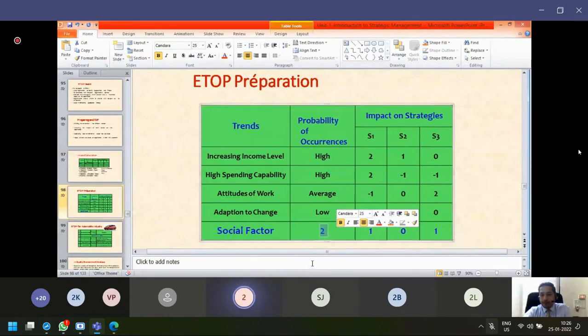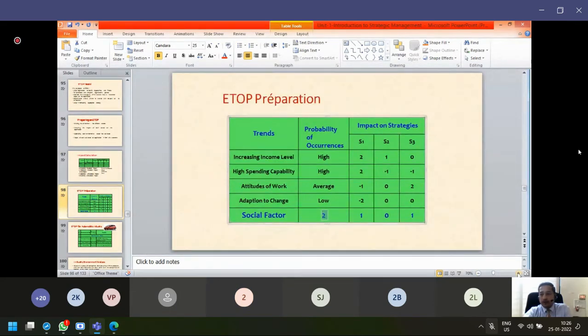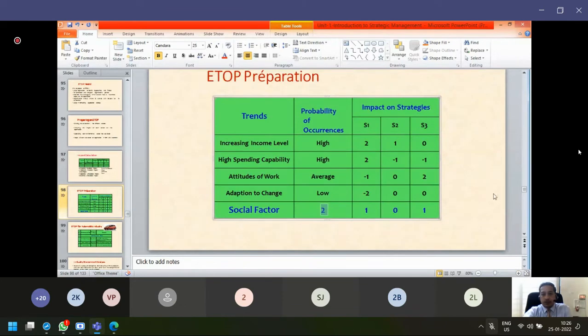Yes, sir. So as a conclusion, we can say this social factor is having high impact, and that is also a positive impact on the company's operations. Likewise, this ETOP is prepared for this particular example, taking the social factor, which is divided into different sub-factors.